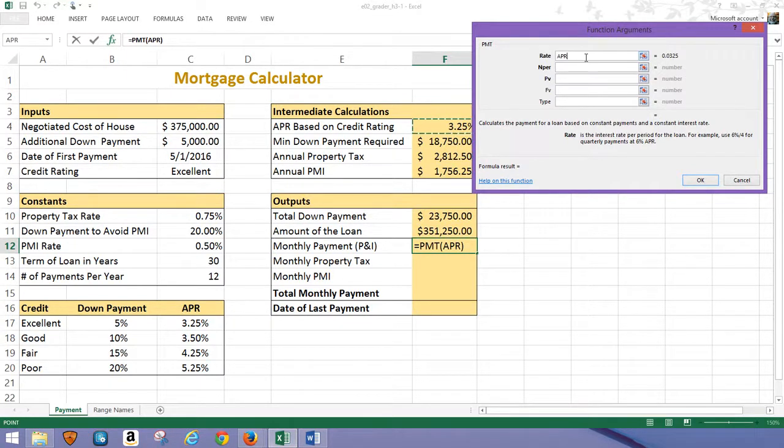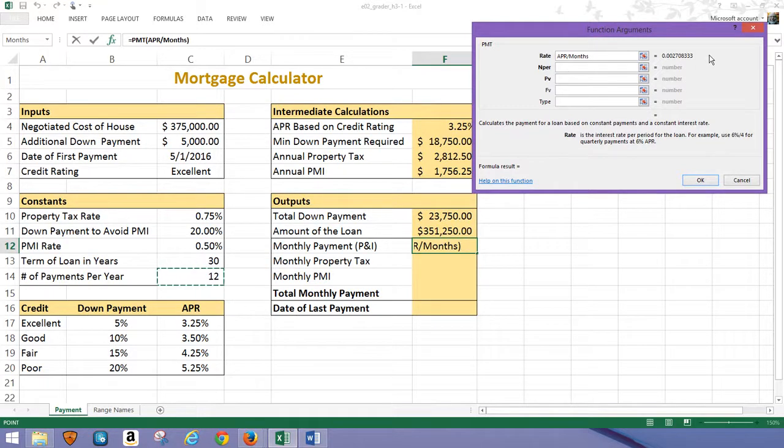So we've got that there, but there's one problem with this. We always tell the rate per year. For our formulas for payments, we must have the rate per payment. And so I need to divide that rate by the number of payments per year, which is over here in C14.